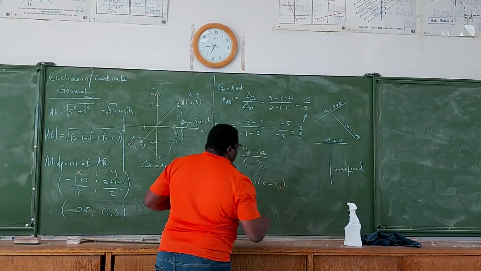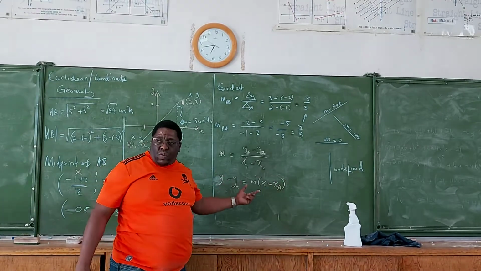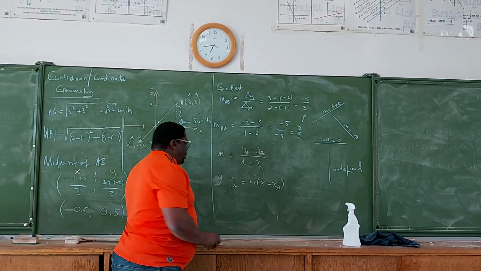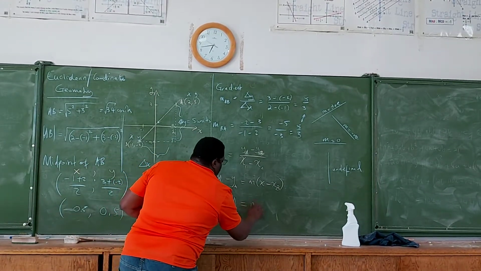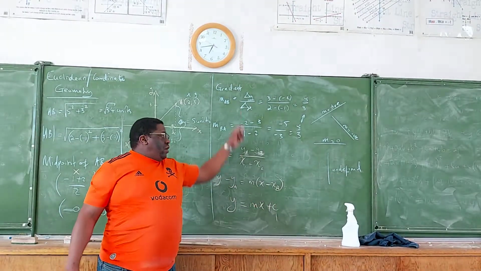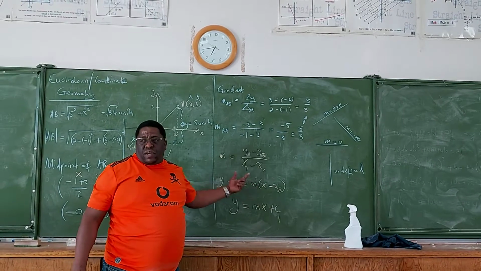The reason that sometimes we may use this one is if we're given a point and we're supposed to write an equation in the form y equals mx plus c. So we're given a point and we can also find the gradient. Then we can use this.